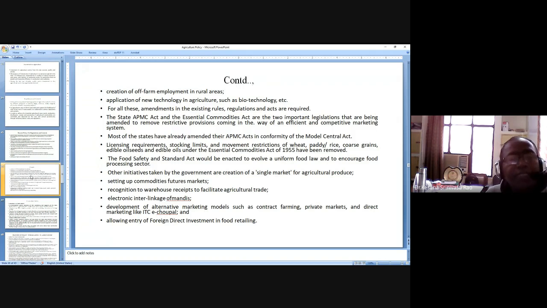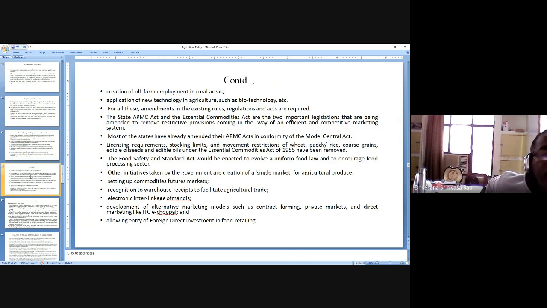The Food Safety and Standards Act would be enacted to evolve a uniform food law and to encourage the food processing sector. Okay. Then, setting up of commodity futures markets and electronic interlinkage of mandis. So, eNAM, this is what I have told you.